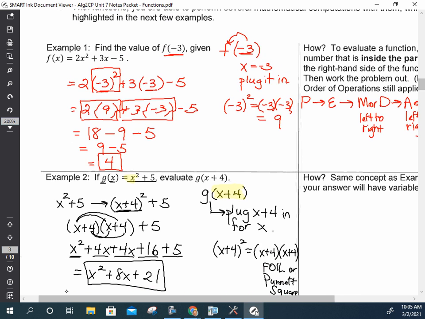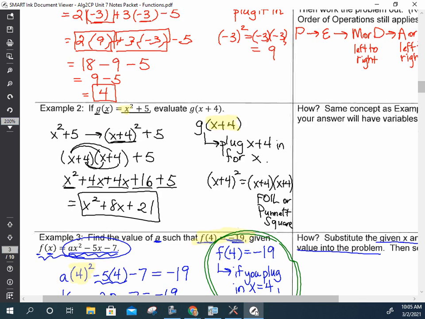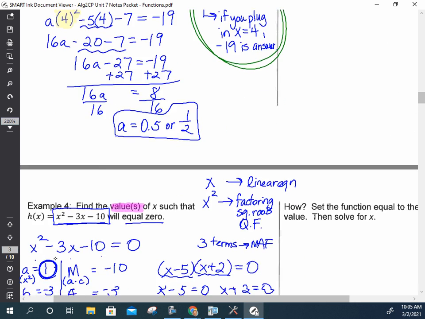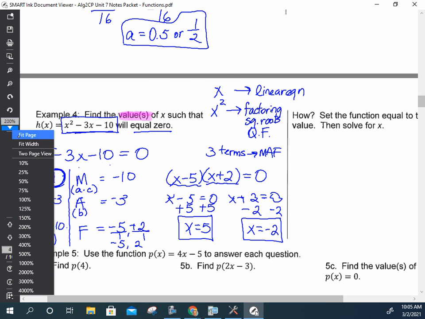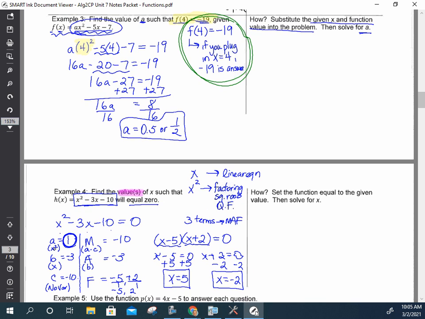So an example of plugging in a number, plugging in another expression, finding an A value, or setting it equal to 0. I'll give you a moment to look back at your notes.